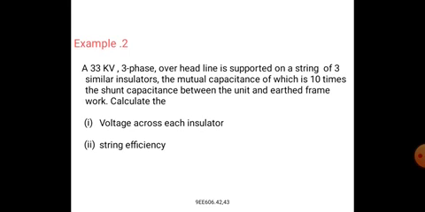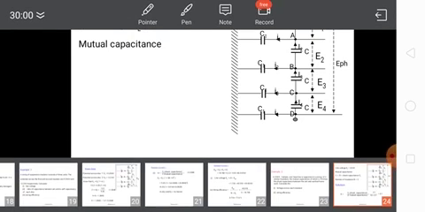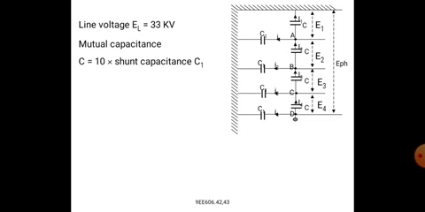So the condition is that the mutual capacitance is 10 times the shunt capacitance. So actually we know the formula. The line voltage EL is equal to 33 kV. Shunt capacitance is C1, mutual capacitance is 10 into C1.